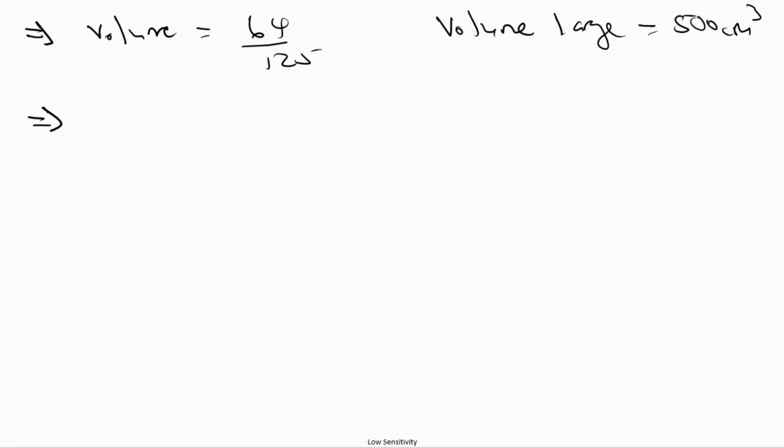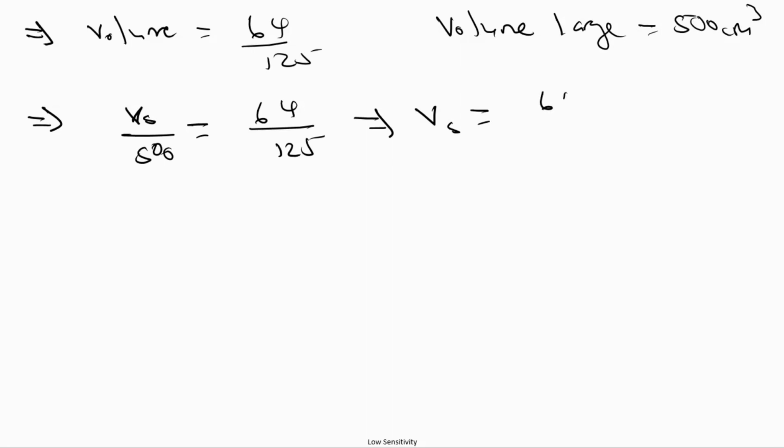So what we can then do is, we know the volume of the small cube over 500 should be equal to 64/125. Therefore, the volume of the small one, we can then say, is 64 times 500 divided by 125. That should give us 256.